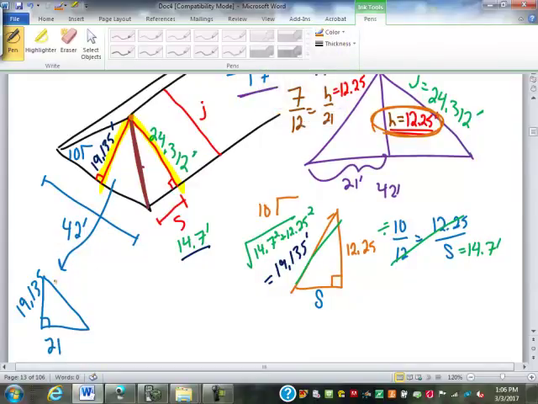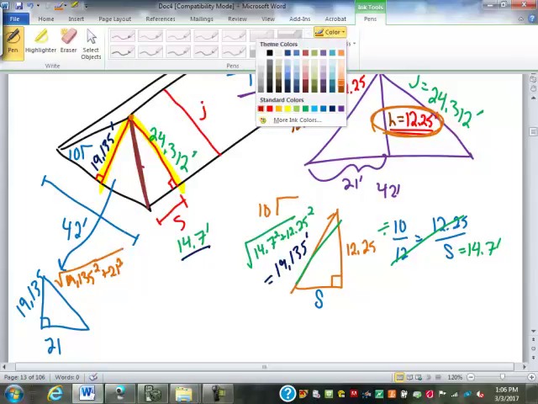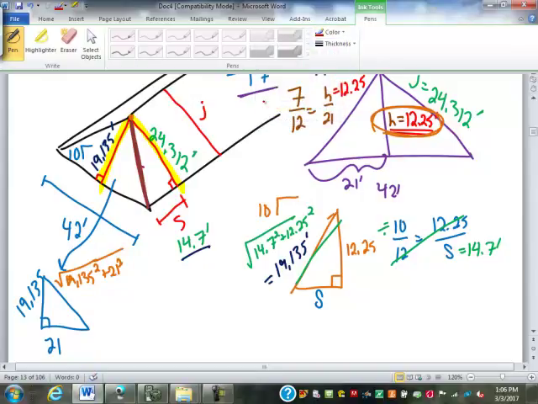So that would make this the square root of 19.135 squared plus 21 squared. Tell me what you get there. 28.030, okay. Or I could have come at it from this side.